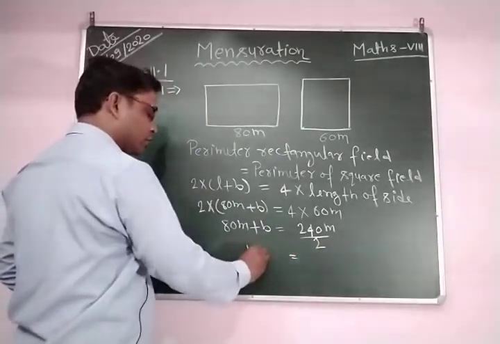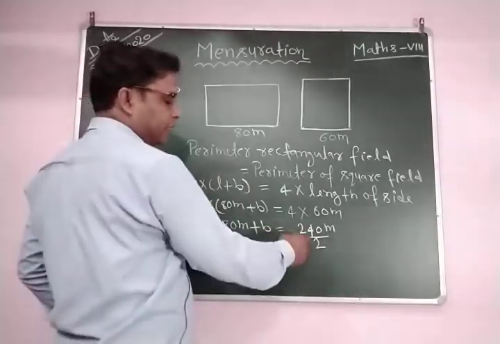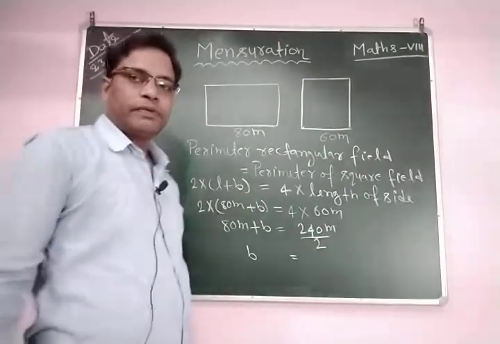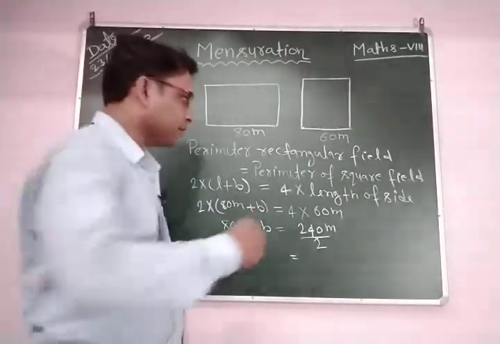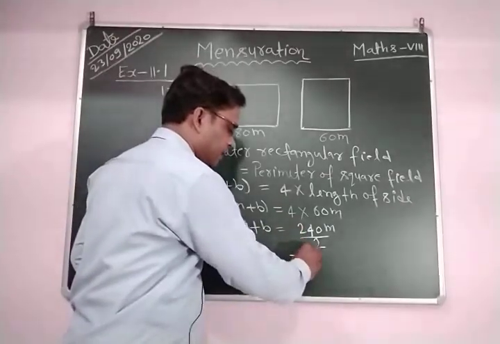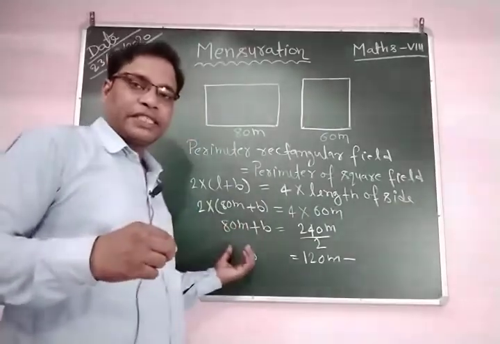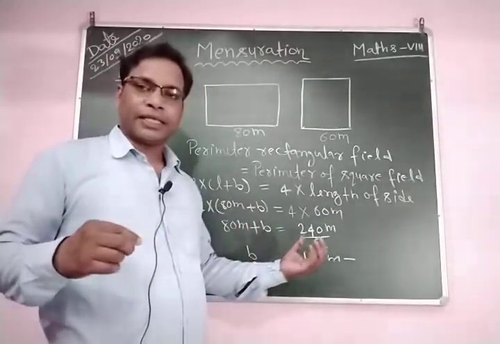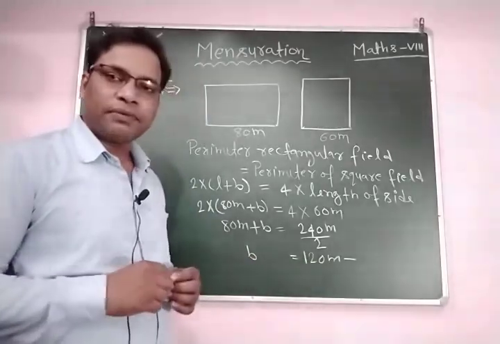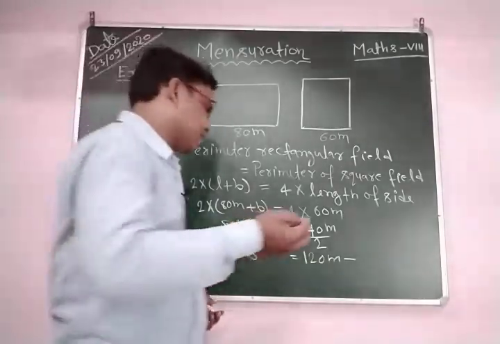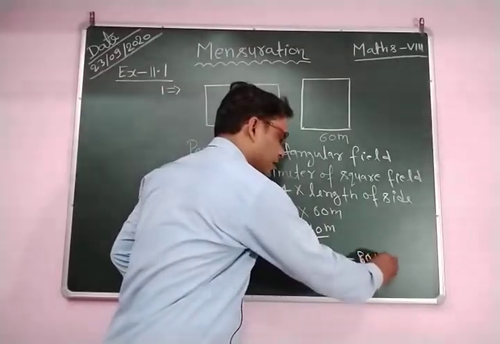So the breadth is equal to, since we divide 240 by 2, we obtain 120 meters. Now when transposing this 80 meters to the right-hand side, it becomes negative and is subtracted from 120.